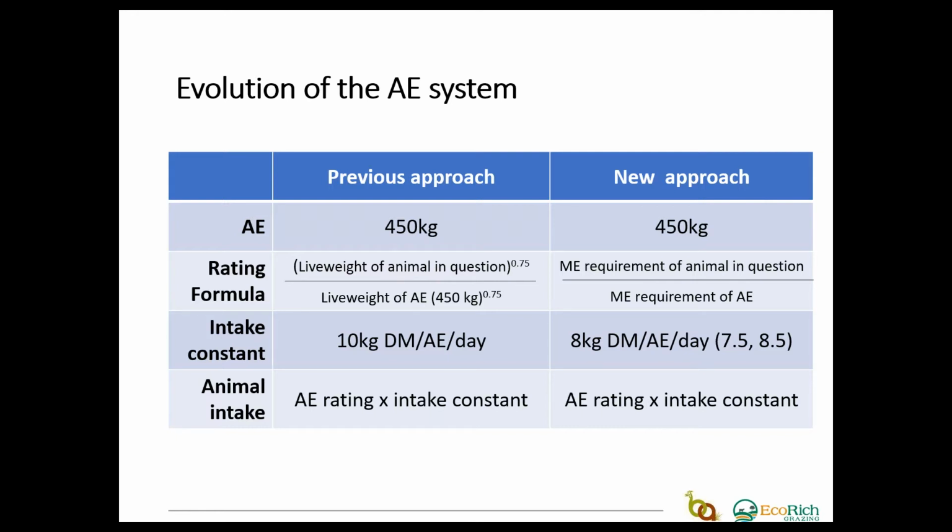And then to work out how much cattle ate in a paddock, we used an intake constant. We multiplied that intake constant by the AE rating to give their intake in a paddock. The intake constant that we've been using in grazing land management, in grazing fundamentals, in nutrition, in edge materials, has been 10 kilograms.